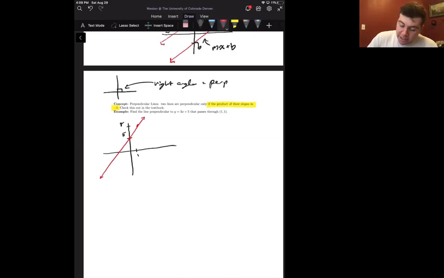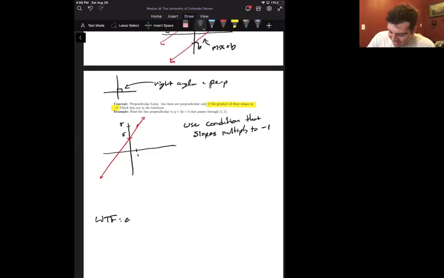So we're first going to use our condition that slopes multiply to -1. We want to find a line y equals mx plus b, and 1, 1 is on the line.